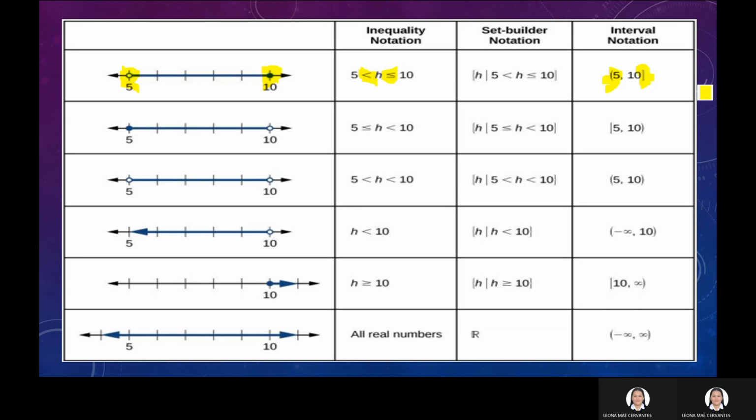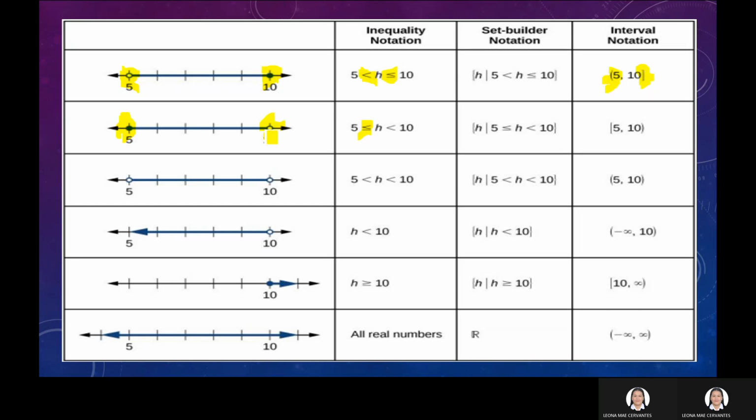Okay. Next, another example. We have 5, shaded or included, and 10, not shaded or not included. So inequality notation, since 5 is shaded or included, then we will put an underline or equal.